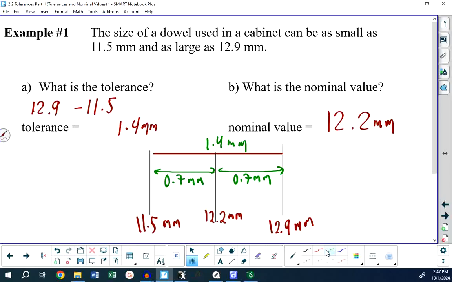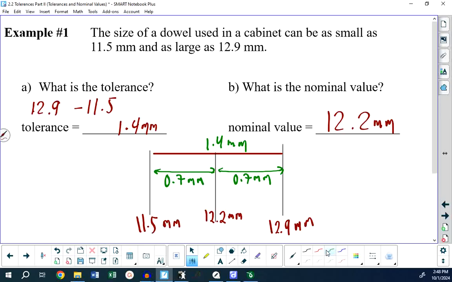If it's right, then we should get 12.9. Try it. Does it take us to here? Because if it does, then we've found the middle ground. Or you could take 12.9 and subtract the 0.7 to see if you get this nominal value.